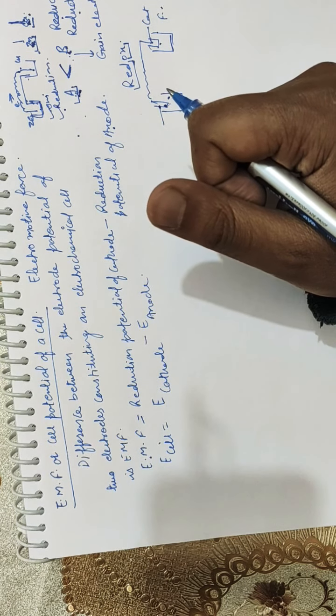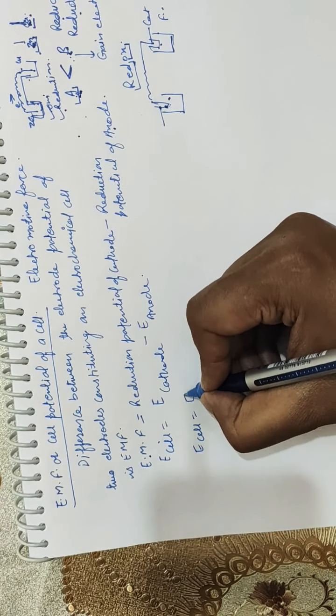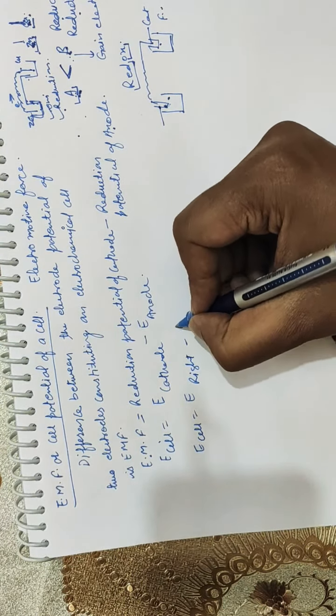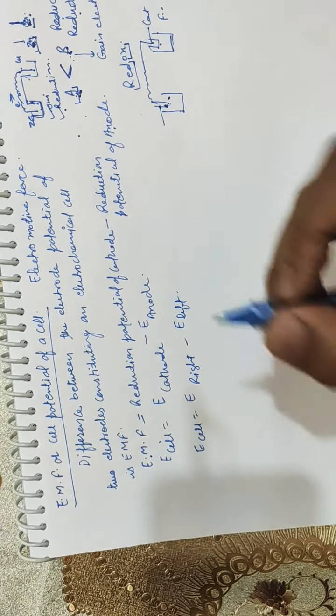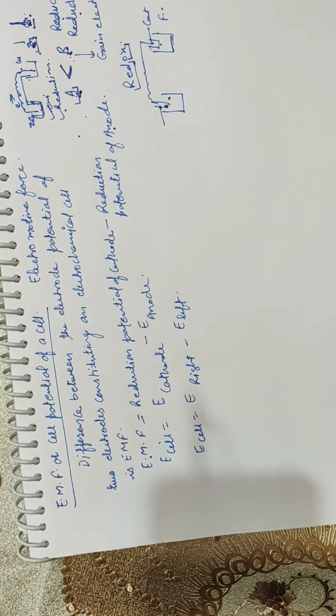Therefore the EMF of the cell may be written as E right minus E left. So the EMF of a cell may be defined as the potential difference between the two electrodes of the cell when either no or negligible current is allowed to flow in the circuit.